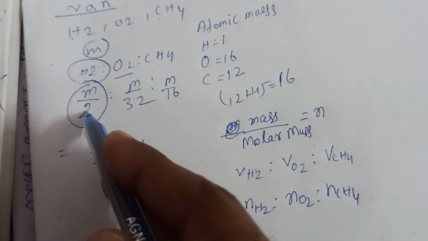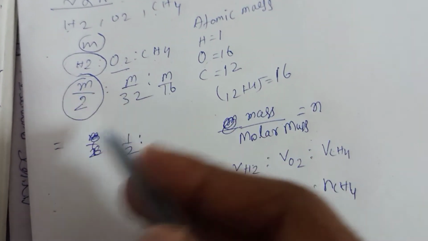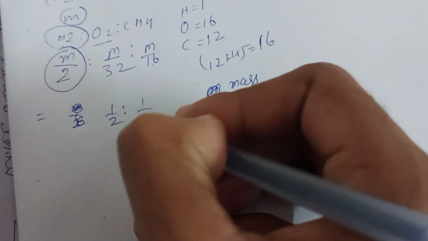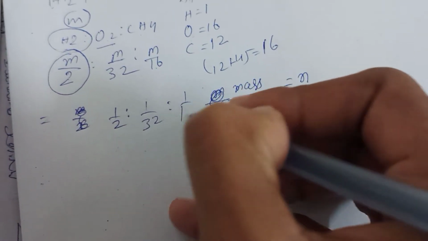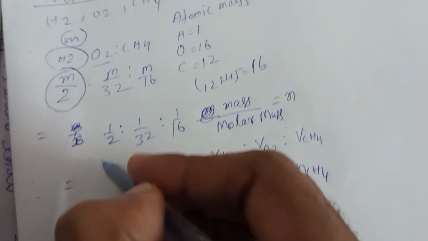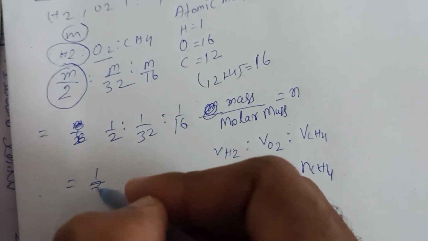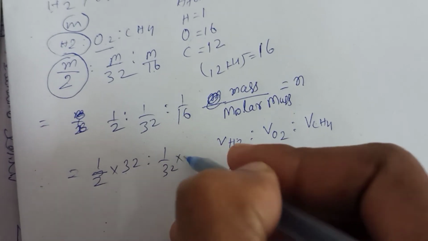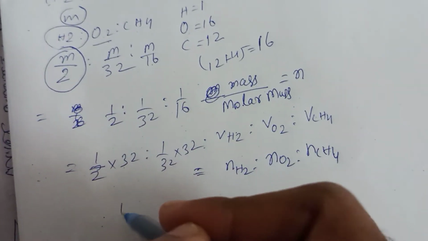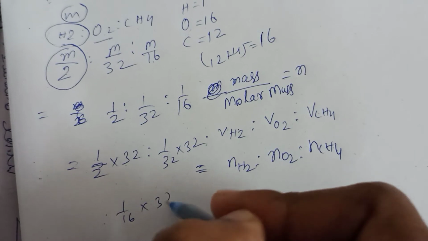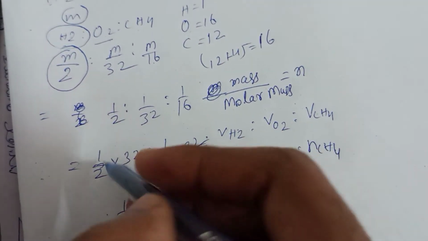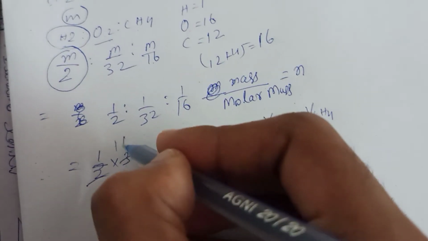So we can write 1 by 2 is to 1 by 32 is to 1 by 16. Now calculate this: multiply by 32, 1 by 2 into 32 is 16, 1 by 32 into 32 is 1, and 1 by 16 into 32 is 2.